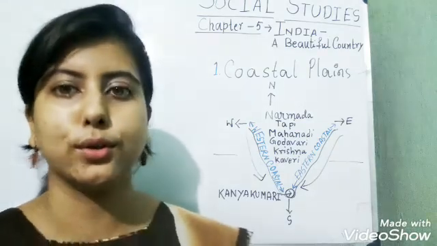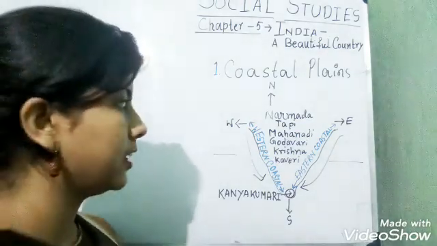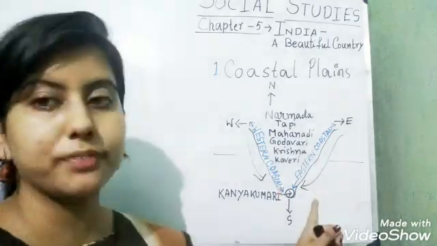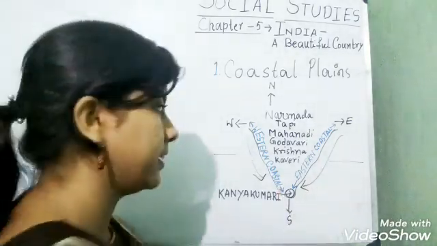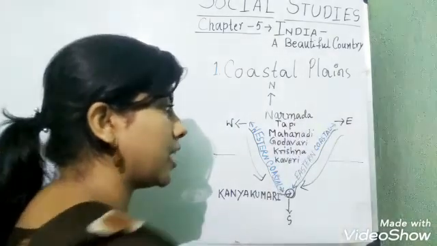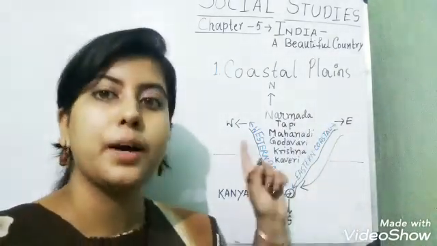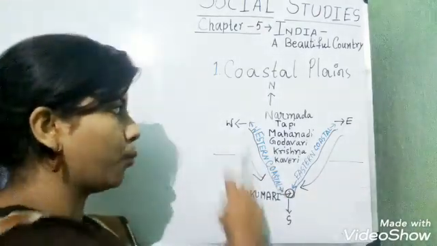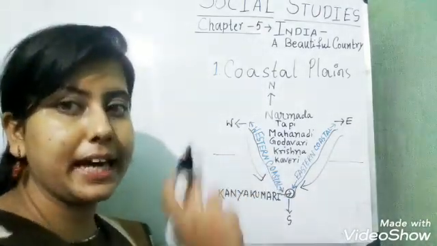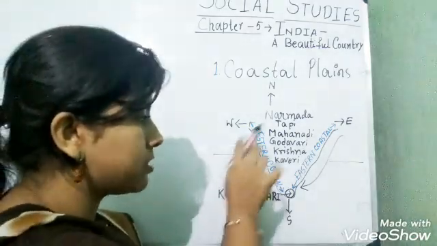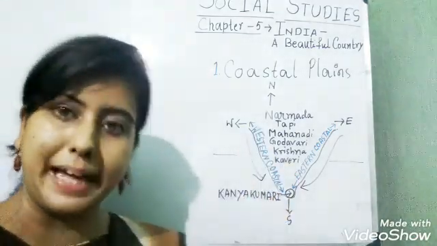Now, if you look closely, in the eastern part, the name of the plain is Eastern Coastal Plain. And in the western part, the name of the coastal plain is Western Coastal Plain.